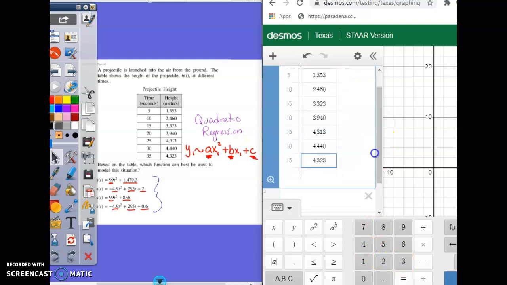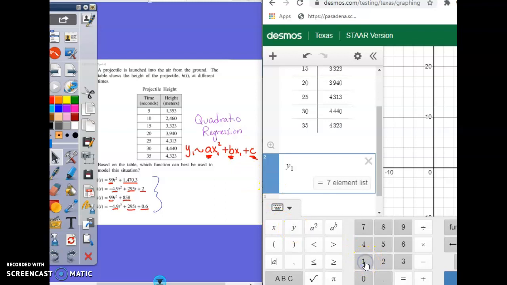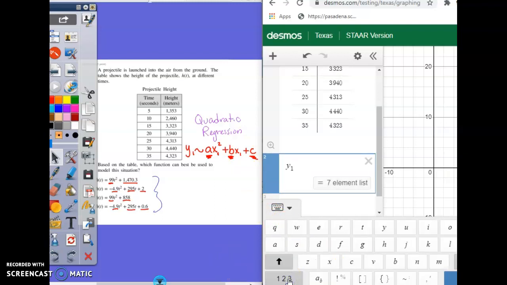Okay? Then once you have your table in there, you need to type the equation, the quadratic regression. So y and the number 1 approximately is the little squiggly line on top of the number 1 in your keyboard, or you can find it right here.